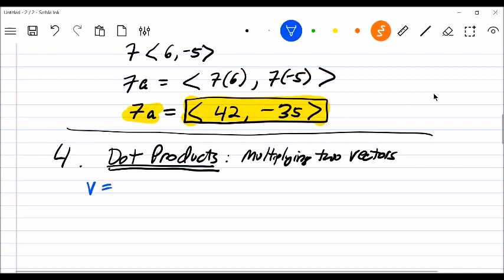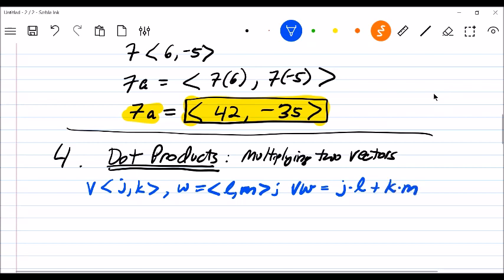If V is the vector J, K, and W is the vector L, M, then V dot W is equal to J times L plus K times M. So the J and the L become J and L multiplied.